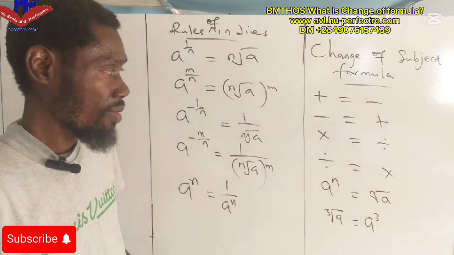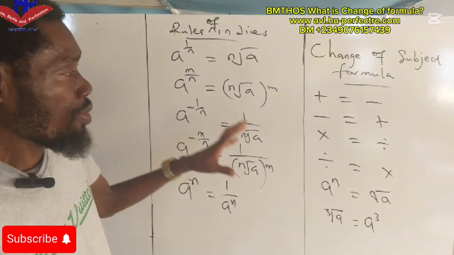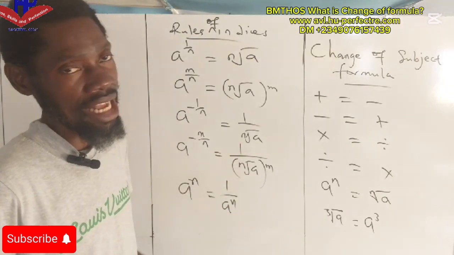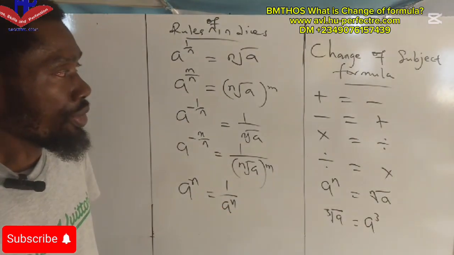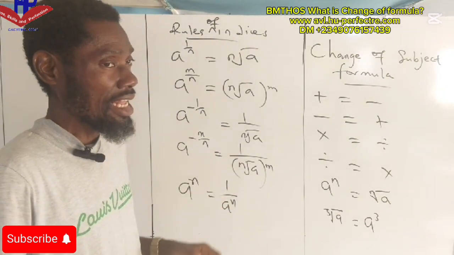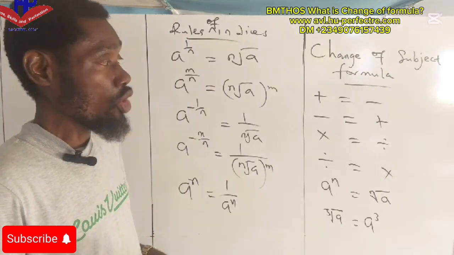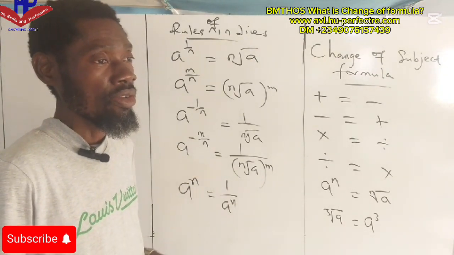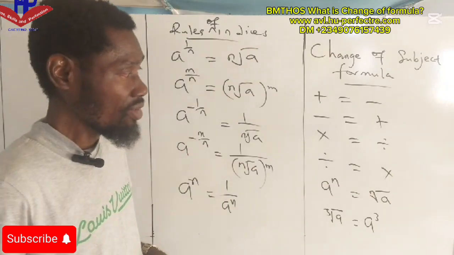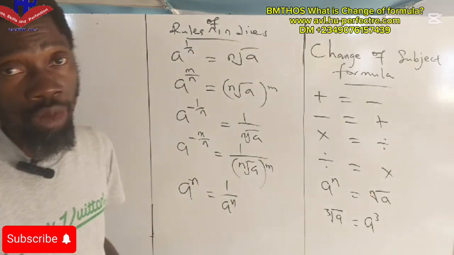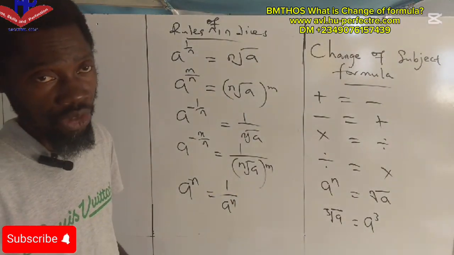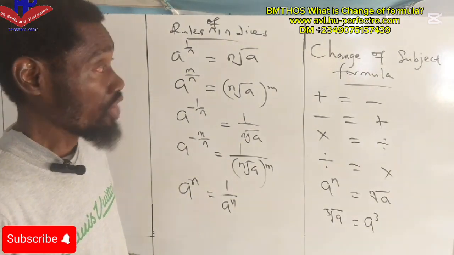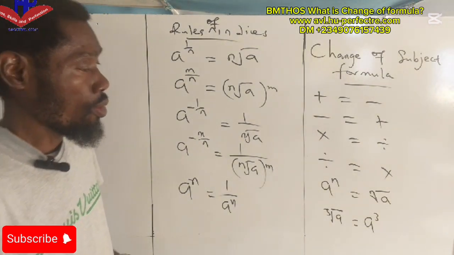So all these concepts will be applied in solving problems on change of subject formula. In our next class, we are going to be applying them step by step, one after another. We will not rush them so that you'll be able to solve problems yourself on your own at home.